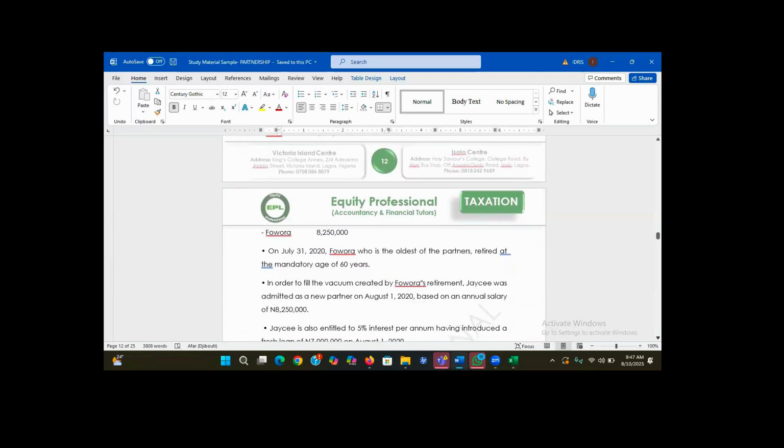On July 31st, 2020, Fowora, who is the eldest of the partners, retired at the mandatory age of 60 years. In order to fill the vacuum created by Fowora's retirement, Joyce was admitted as a new partner on August 1, based on an annual salary of 8,250,000.